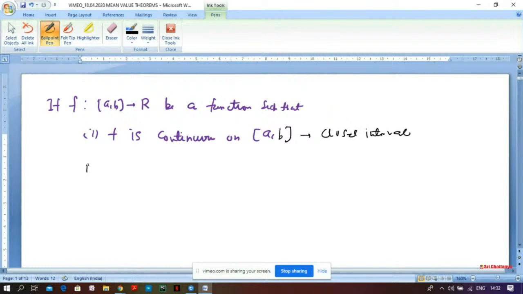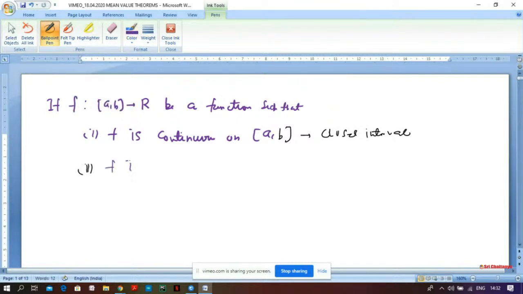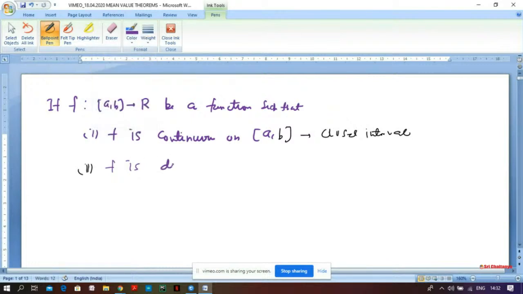Second, f is differentiable on (a, b), that is open. So let me remark that you require continuity on a closed interval, but differentiability you require only on the open interval.